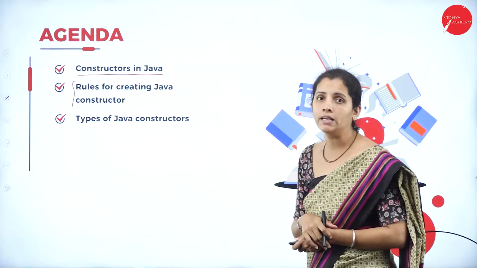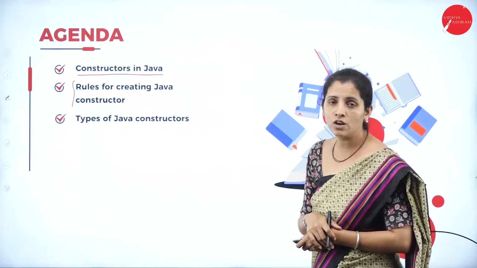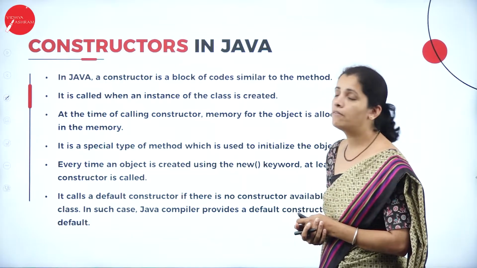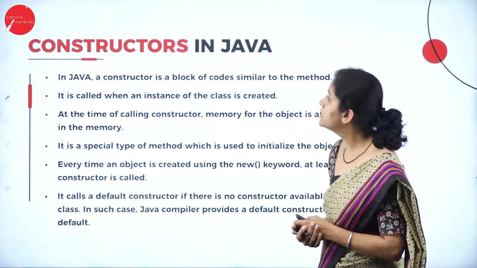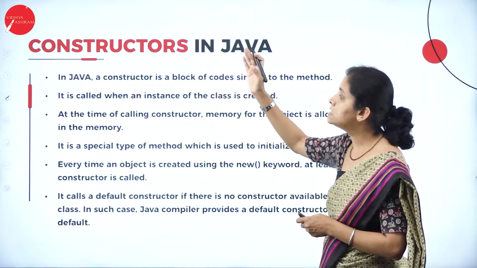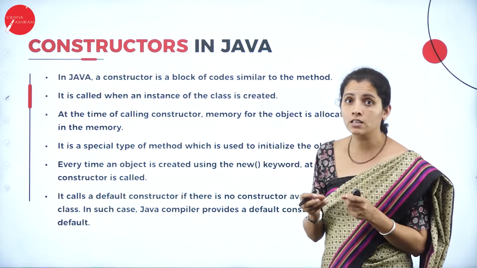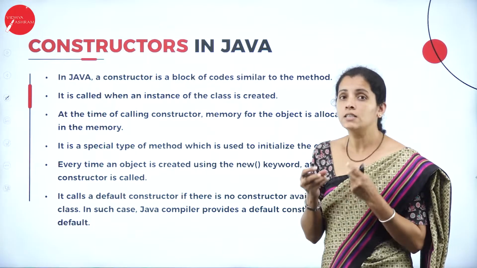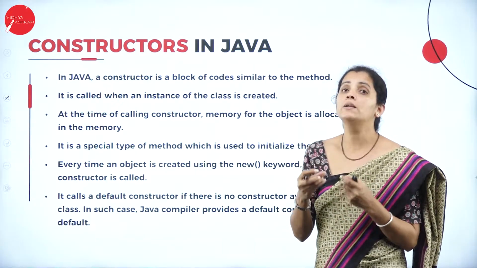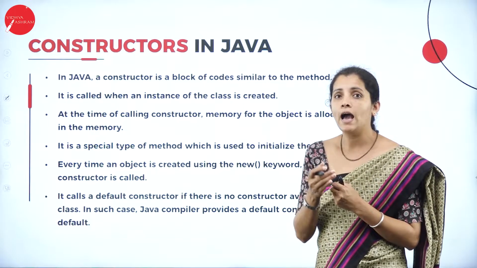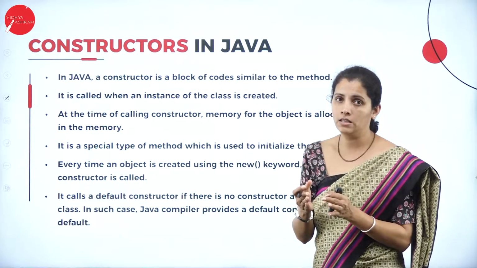Anyway, dear students, instead of wasting much time, let's begin our session with the concept of constructors in Java. So, constructor, what is it? Suppose I want to write my own program, I have to follow some methods.